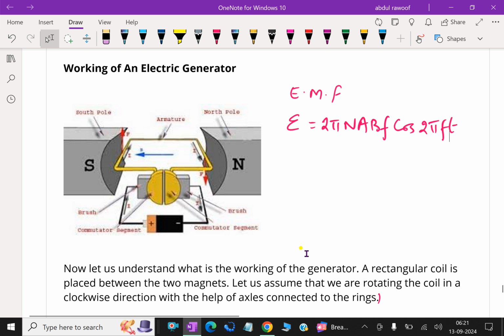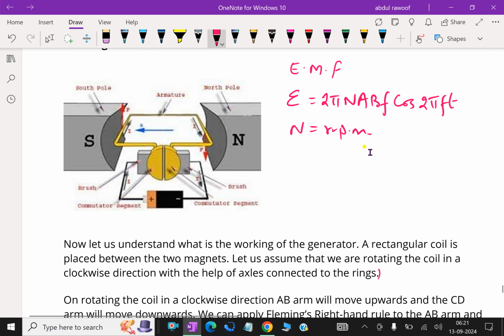which means the induced EMF depends on the number of rotations per minute, N, and the area of the coil, A. N is the rotation per minute of the solenoid.